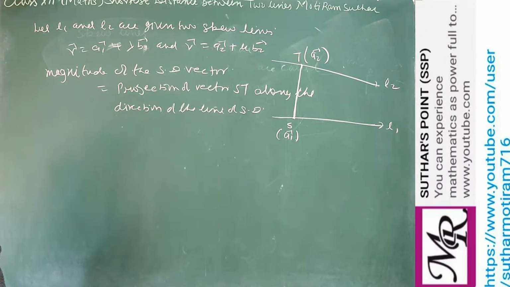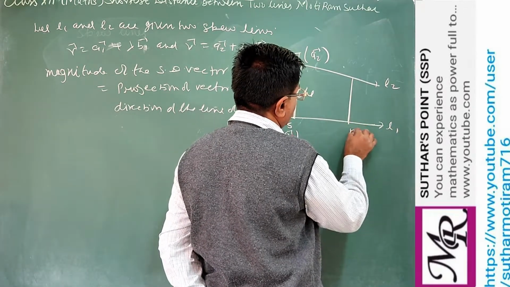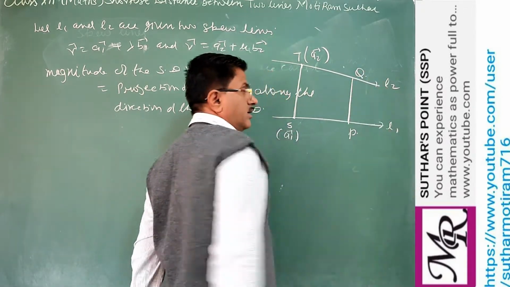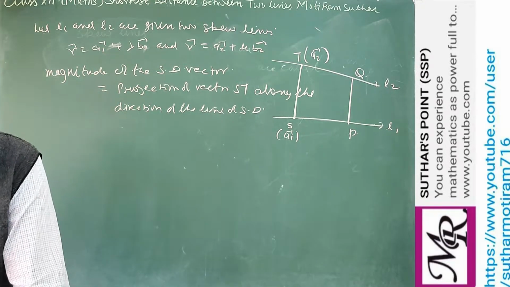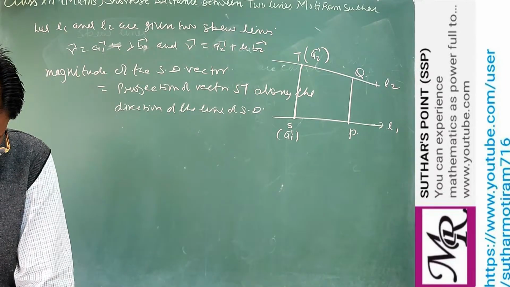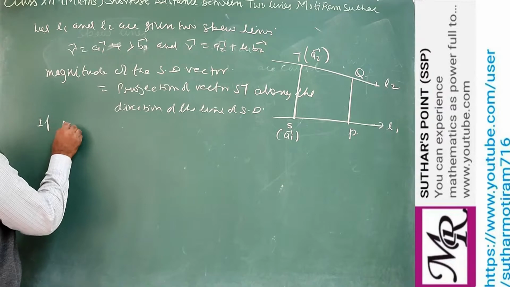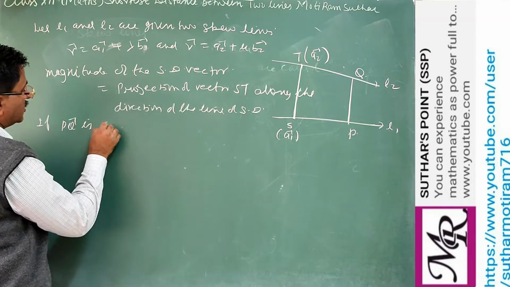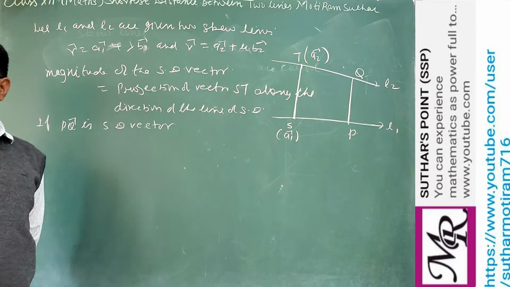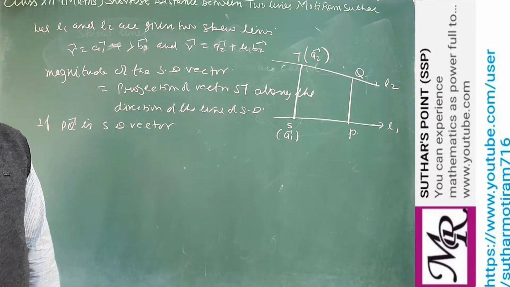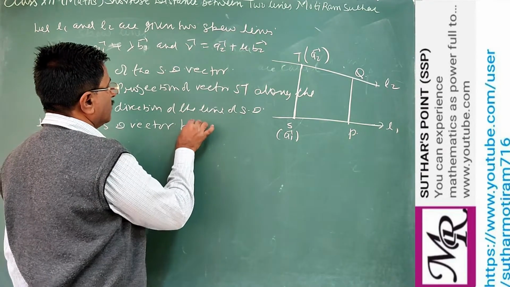So here we take two points P and Q other than S and T. If vector PQ is the shortest distance vector, we are considering PQ as the shortest distance vector between L1 and L2.